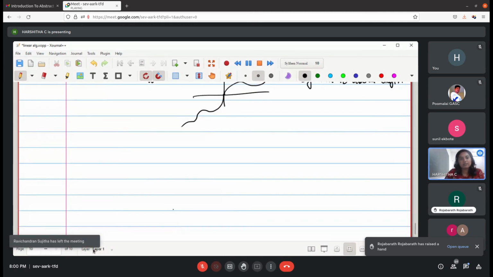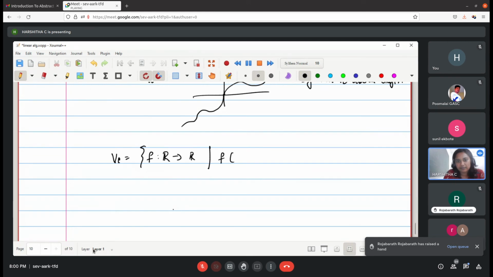For subspaces, we'll do one, and the other will be a similar argument. We'll do it for even functions, f of minus x equal to f of x. Does 0 belong to this space?